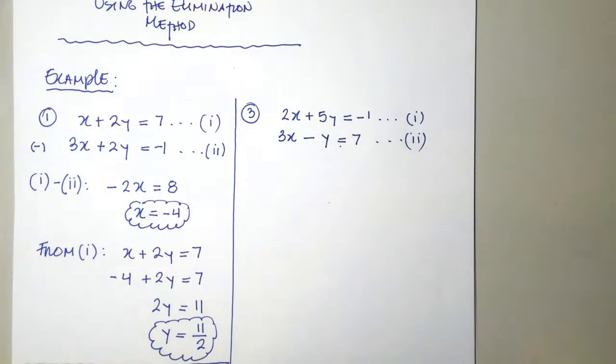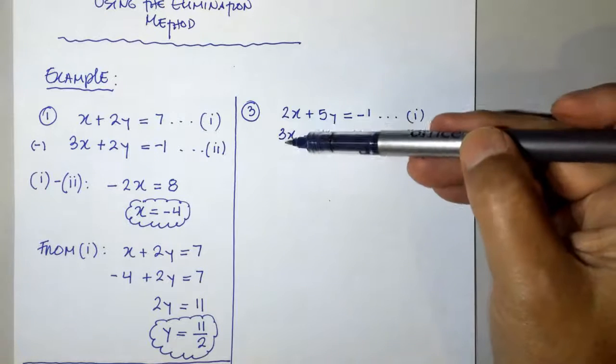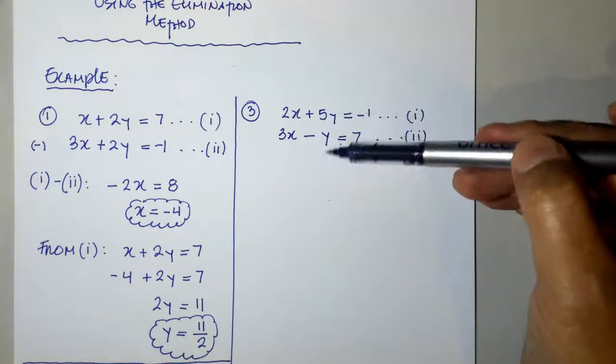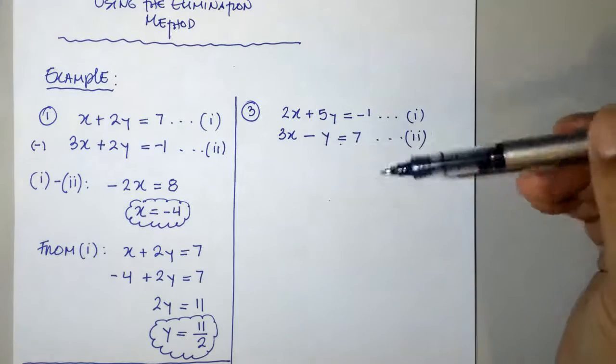So we have this situation here. Obviously we don't have the same coefficient for x, and we don't have the same coefficient for y. In here we got plus 5, in here we got -1, so obviously they are different.